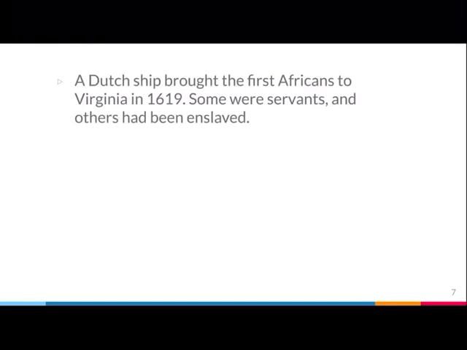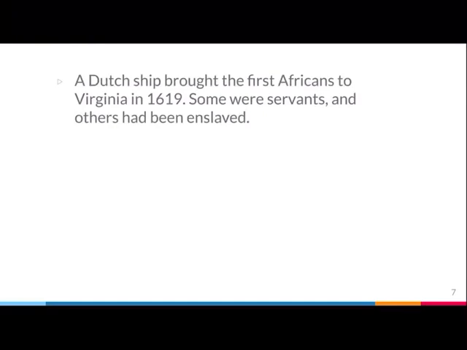We also see a Dutch ship. Remember, the Dutch are people from the Netherlands. They brought the first Africans to Virginia in 1619. Remember we talked about a big reason for exploration of Africa was that it really started this thing called the Atlantic slave trade.